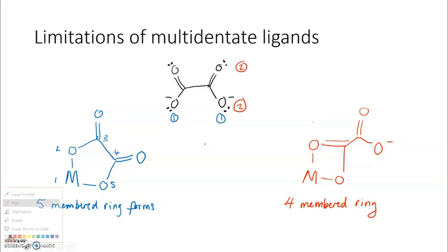Now, why is this important? Well, it's important to consider because of the bond angles. If you've got a 5-membered ring, you are essentially forming a pentagon out of bonds, which gives you a bond angle of 108 degrees. Whereas if you've got a 4-membered ring, you've only got an angle of 90 degrees. So there is more electron pair repulsion here.